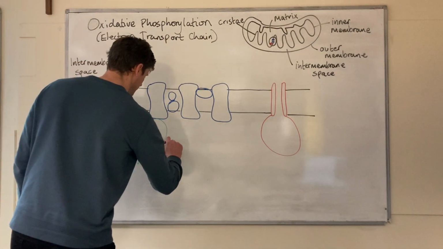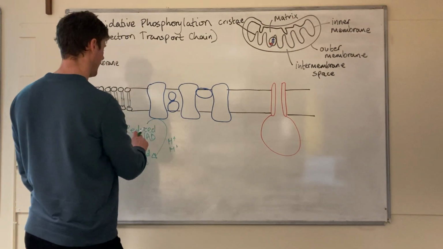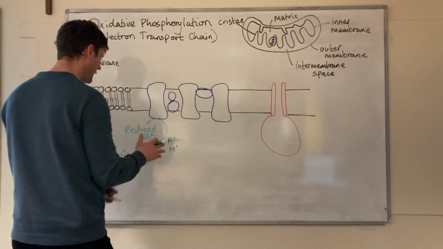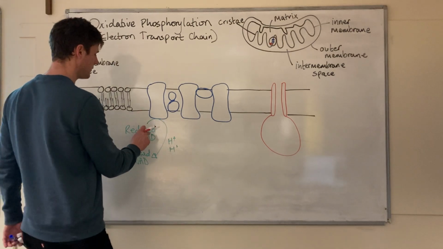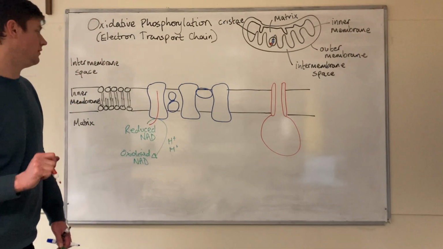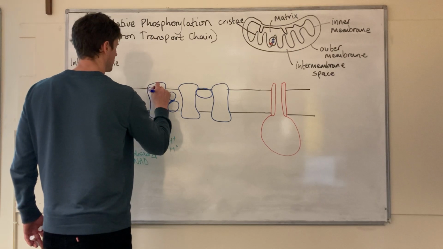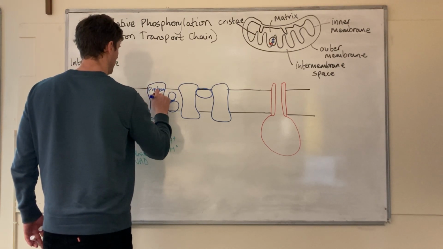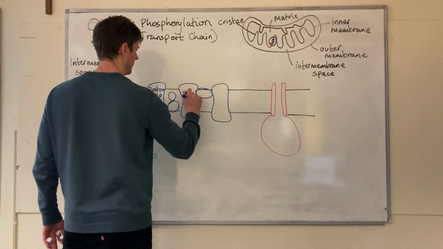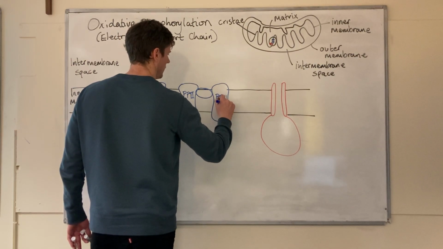So those protons leave the reduced NAD, and the electrons are passed from the reduced NAD into the first of what I refer to as a proton pump. So I'm going to call that proton pump number 1. This one here is going to be proton pump number 2, and this one proton pump number 3.